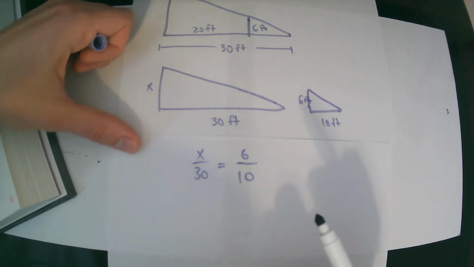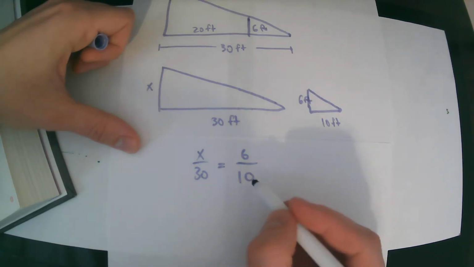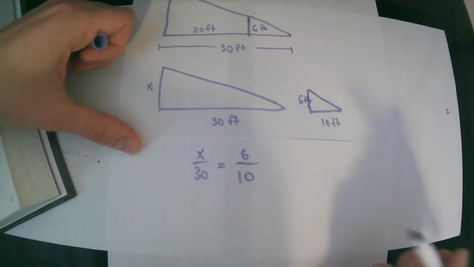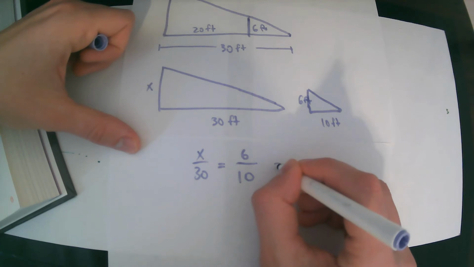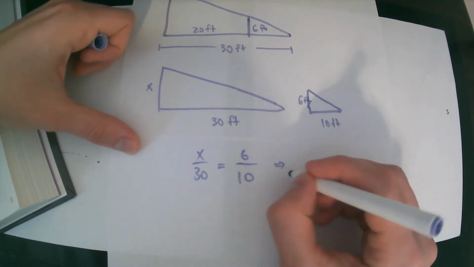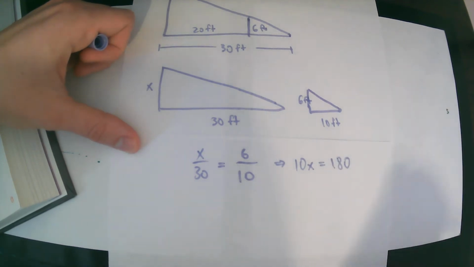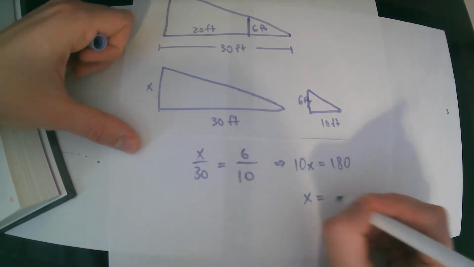You may already know what this one is because you can tell how the 10 has been scaled up, so you know that the 6 must be scaled up by a 3 as well. So you know it's going to be 18, but what if you didn't know? Or what if it was scaled up by some weird number that was unrecognizable? You would cross multiply, 10 times x, 30 times 6, and then you would divide.